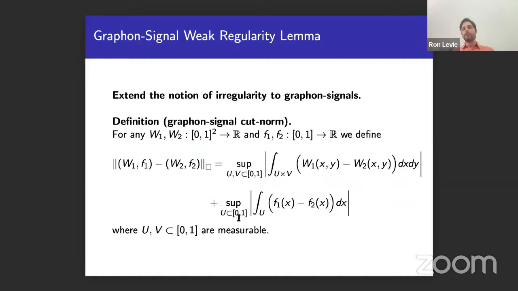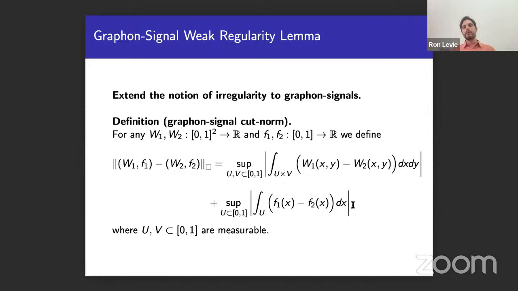We take the supremum over the node sets. We take the average of the first signal on the set minus the average of the second signal on the set, with absolute value. So the cut norm of graphons is not equivalent to any Lp norm, but you can show that this definition of cut norm of signals is actually equivalent to the L1 norm.